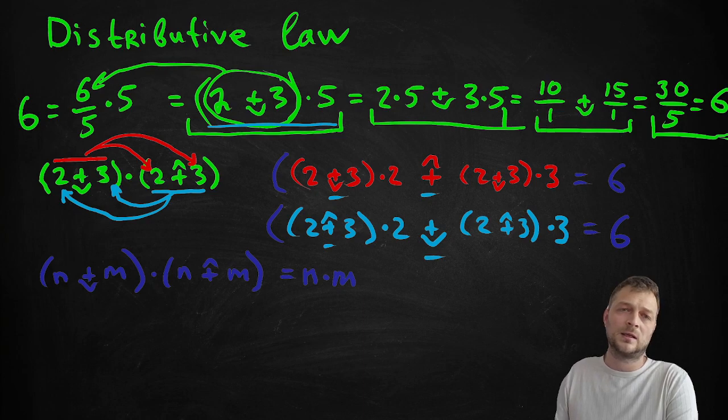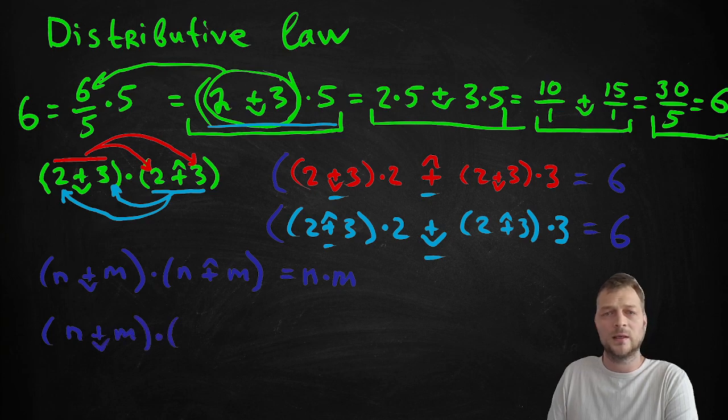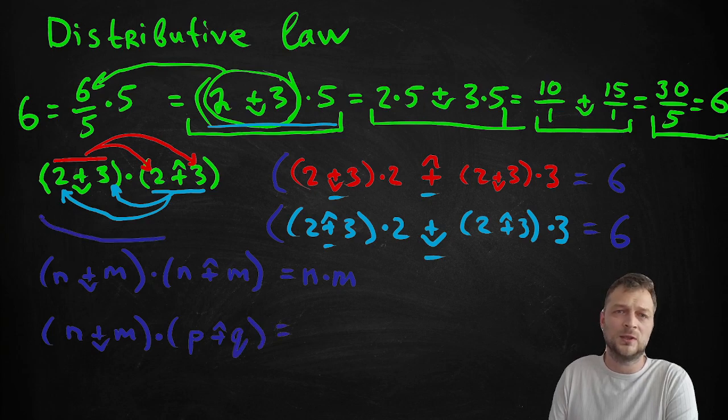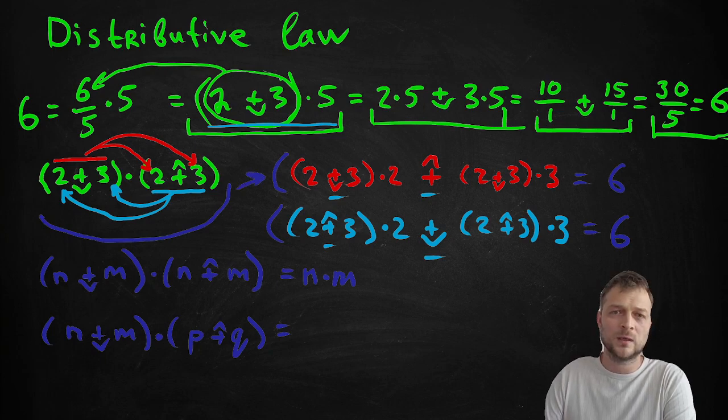And in the case of different numbers, like n plus m multiplied by p plus q, we can follow the rule that I described here and go either this way or this way.